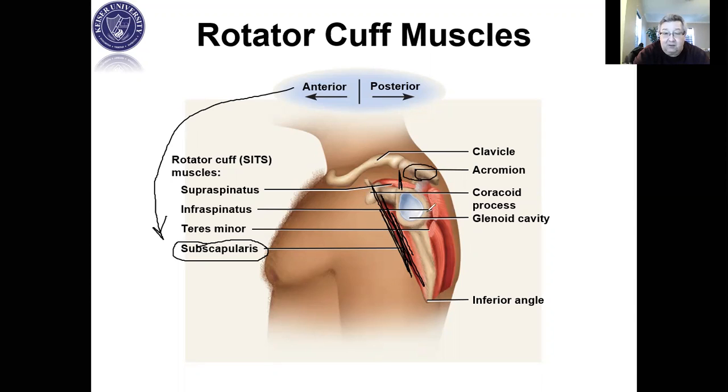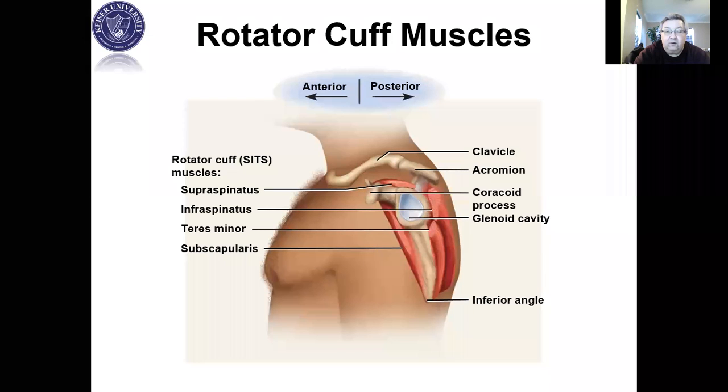All right, so if you follow these arrows from this area here and this area here going this way, these muscles are on the posterior side, on this back side right here. So again, the muscles of the posterior side of the rotator cuff: supraspinatus, infraspinatus, and teres minor. The fourth muscle is on the anterior side. That is the subscapularis.